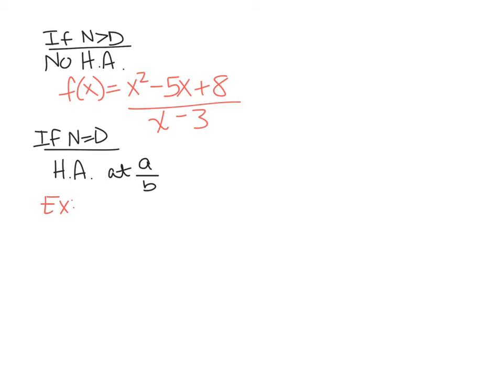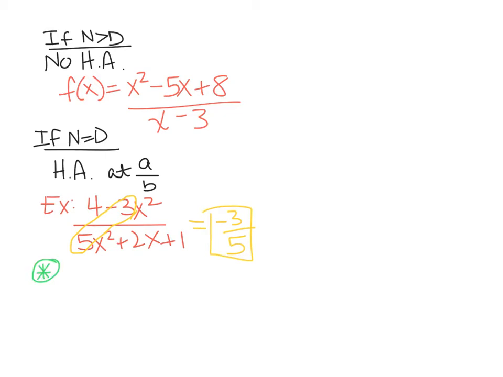Let's say you have 4 minus 3x squared over 5x squared plus 2x plus 1. Your horizontal asymptote, you're just going to look at the highest terms and actually look at those coefficients. It's going to be at -3/5.